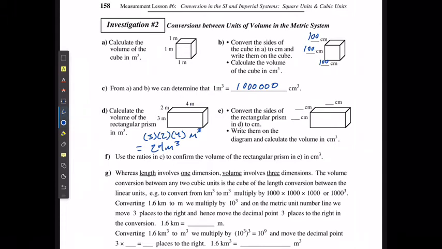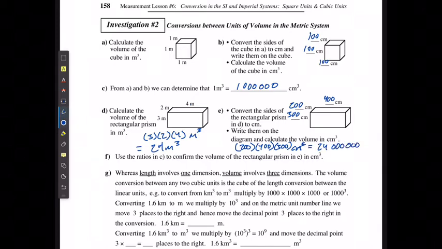If I had 400 centimeters by 200 centimeters by 300 centimeters, then that would give me 200 times 400 times 300 centimeters cubed, which is the same as 24 million centimeters cubed.